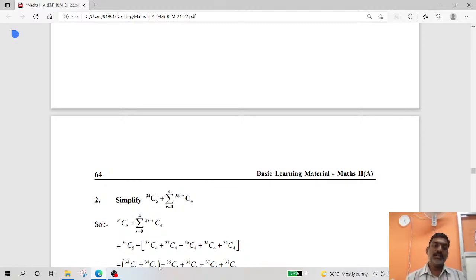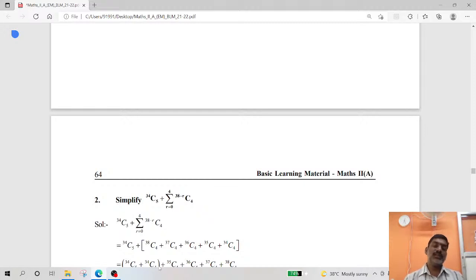Okay. Next, let us see question number 2. 34C5 plus the summation of (39 minus R)C4 for R equals 0 to 4. That is 38C4, 37C4, 36C4, 35C4, and 34C4.